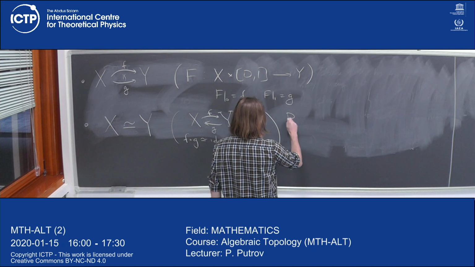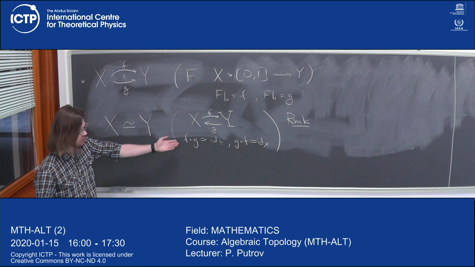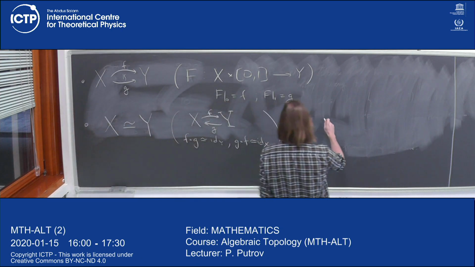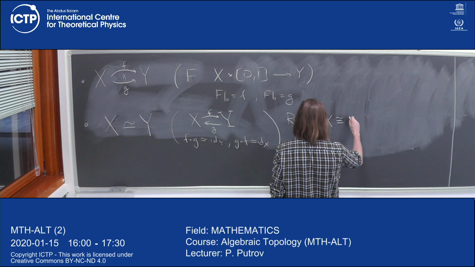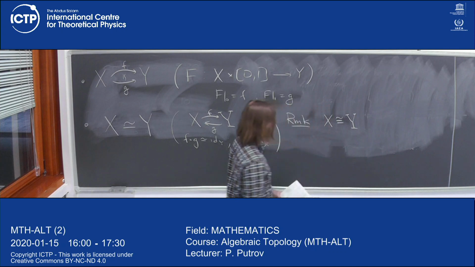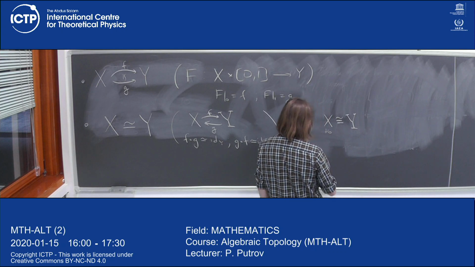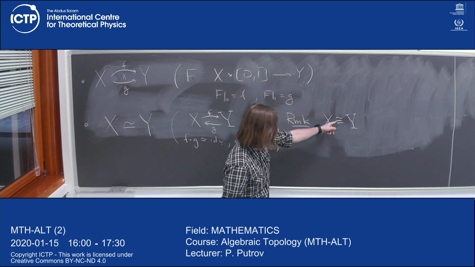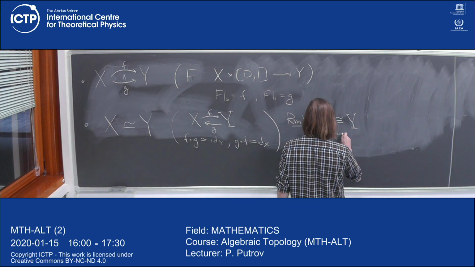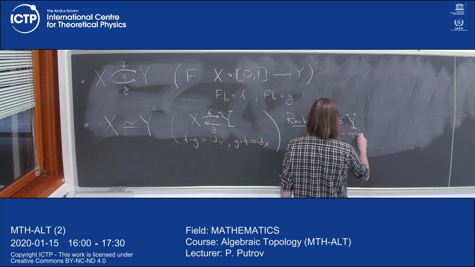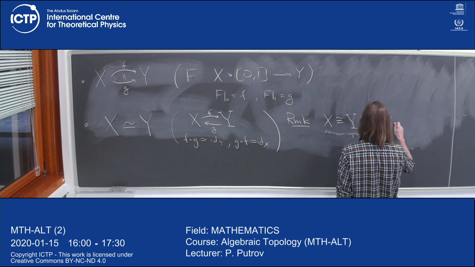In particular, let me clarify that from the definition it immediately follows that if X and Y are homeomorphic, so for homeomorphic spaces we will use the notation, this equality sign with a tilde, if two spaces are homeomorphic, they are necessarily homotopy equivalent.